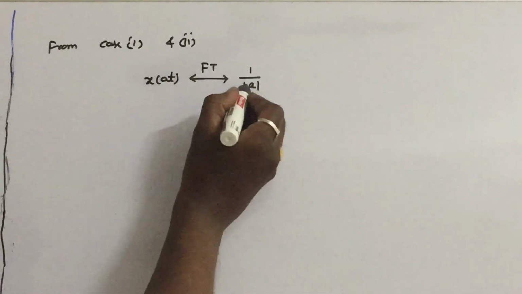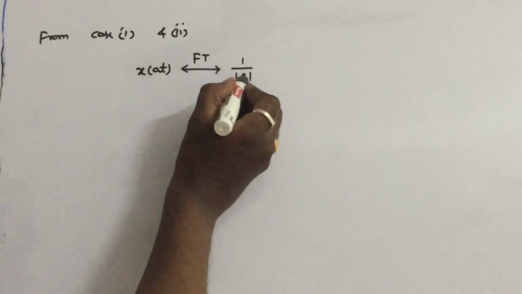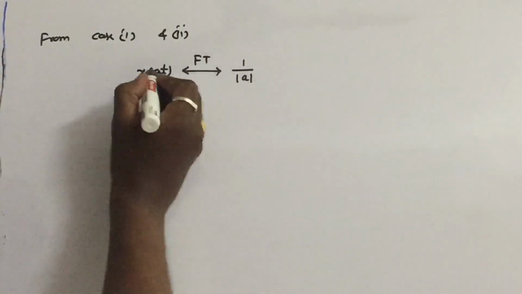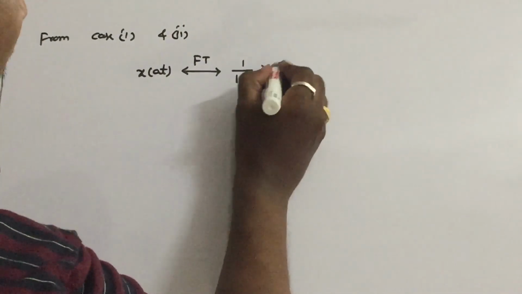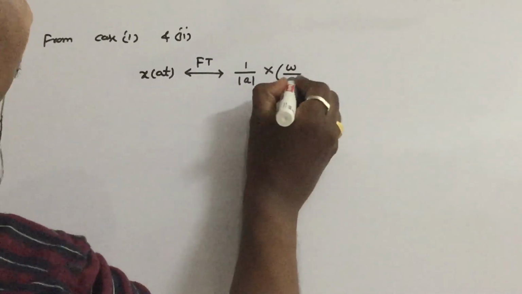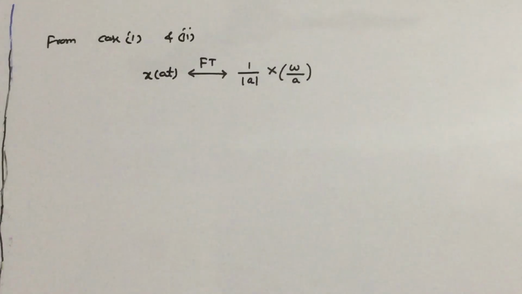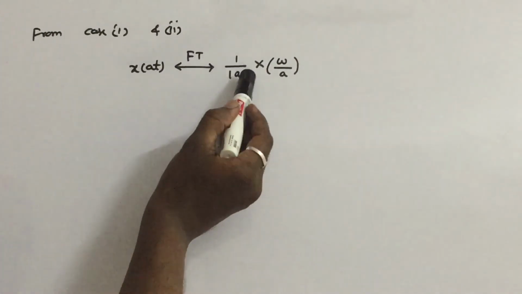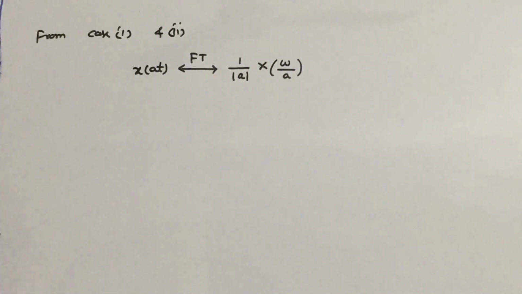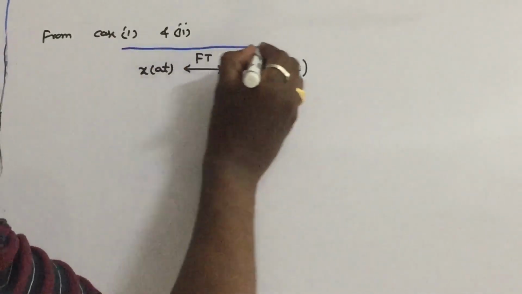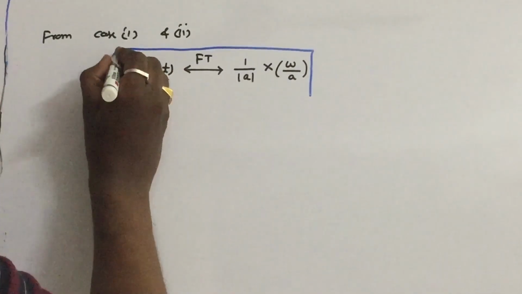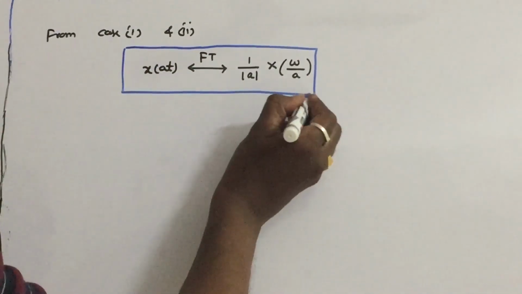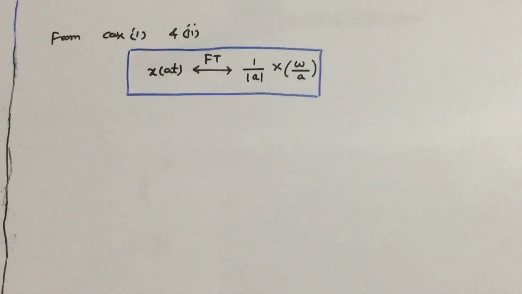If minus 2 is there, it will become 2; if 2 is there, 2. So just take the magnitude of a and X of omega by a. So this is another very important property: the Fourier transform of x of at is simply 1 by mod a X of omega by a. This is a very important property of the Fourier transform. Thank you.